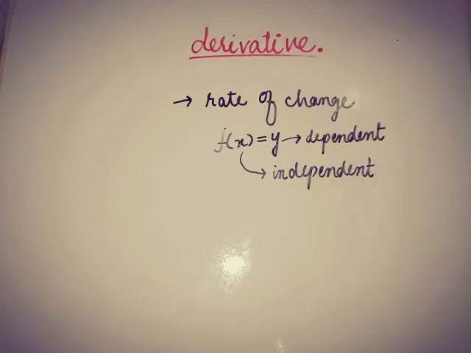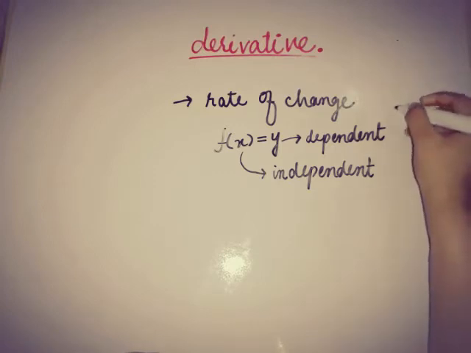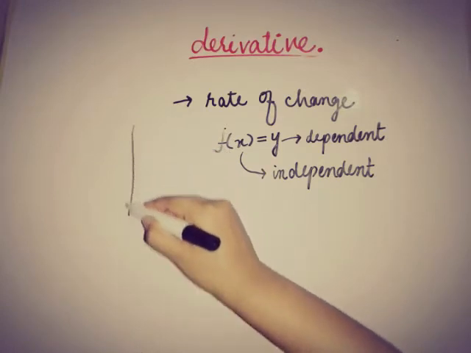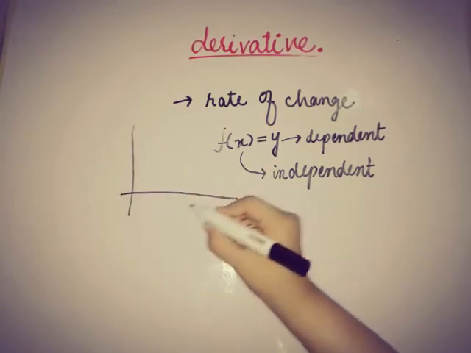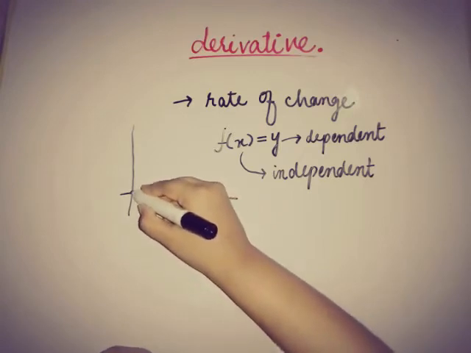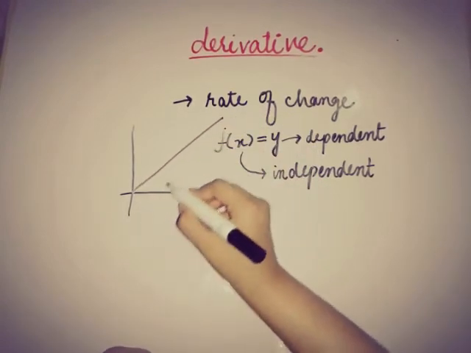So the average rate of change, or the rate of change of 2 points of a function over an interval, I have to draw a graph. There are 2 points on a straight line.